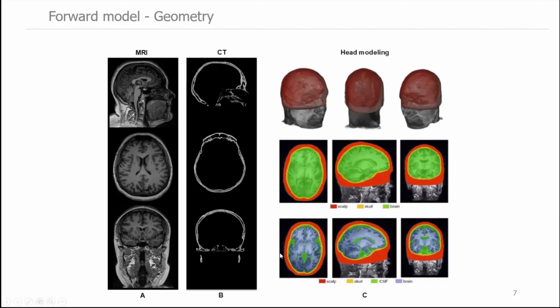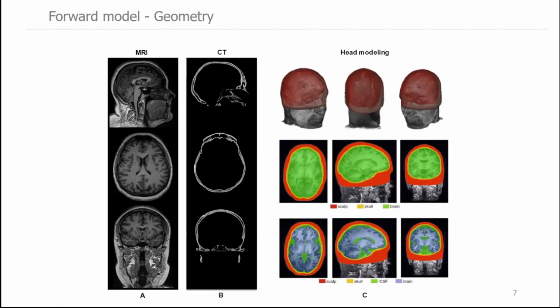So basically, you can do segmentations of the different tissue types. You can either say, okay, we only use scalp, skull, and brain, or you can go a bit further and say, okay, we use scalp, skull, CSF, and brain.